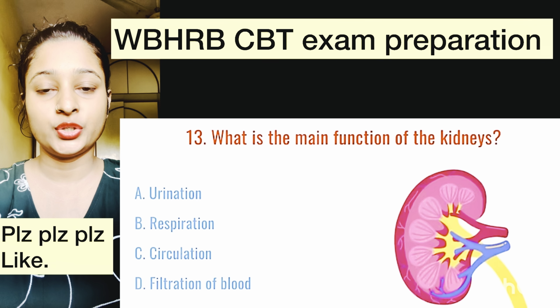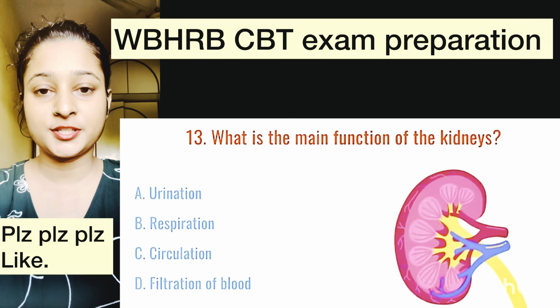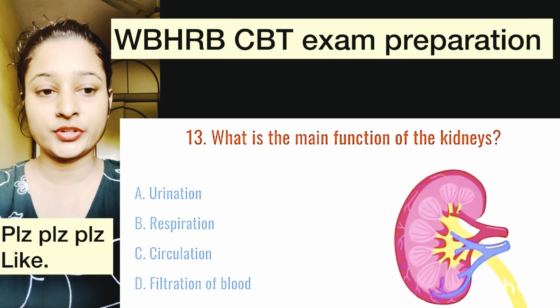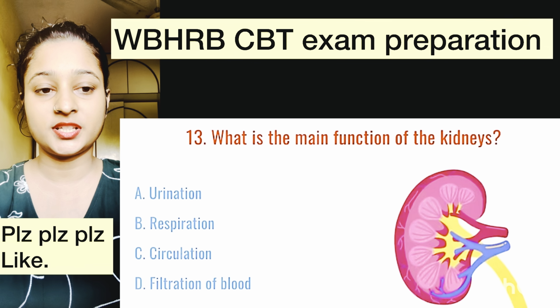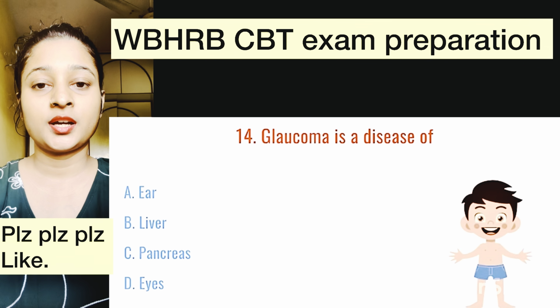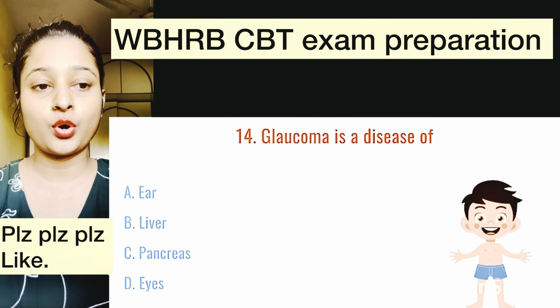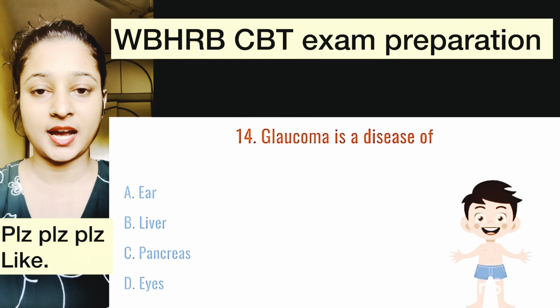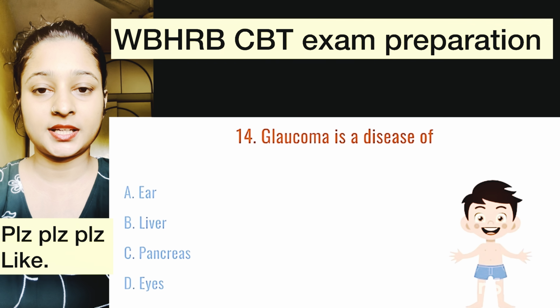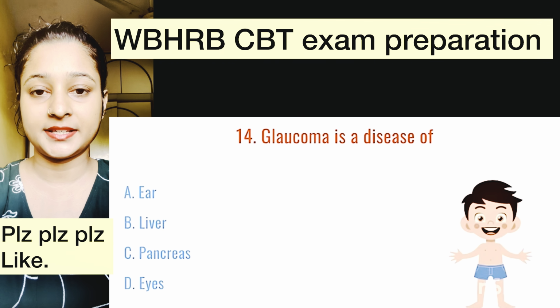Option A is urination, option B is respiration, C is circulation and D is filtration of blood. Here correct option is option D, filtration of blood. Question number 14 is glaucoma is a disease of A ear, B liver, C pancreas, D eye. Here correct option is option D, eye.